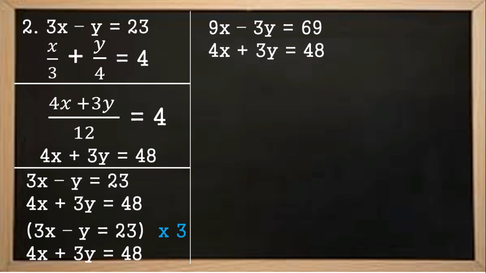So the first step is over. In this second problem, we multiplied only one equation, that is equation number 1, keeping in mind that the values of variable y are equal, the numerical coefficients 3y, 3y.